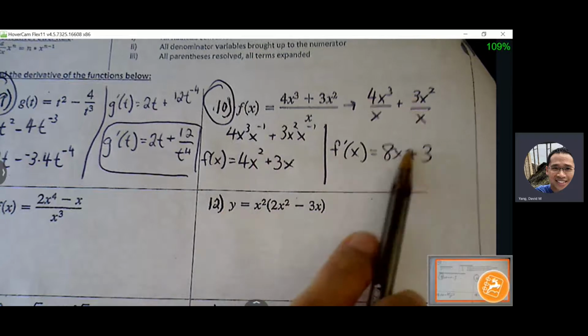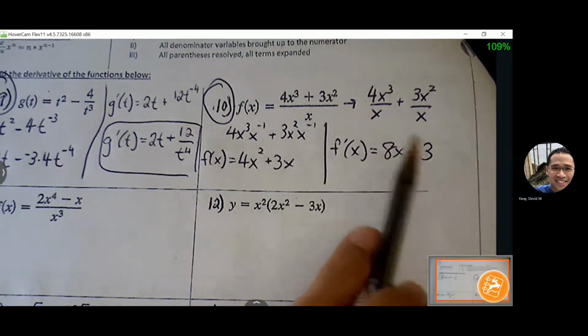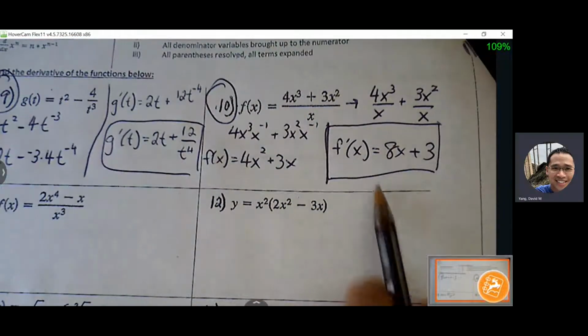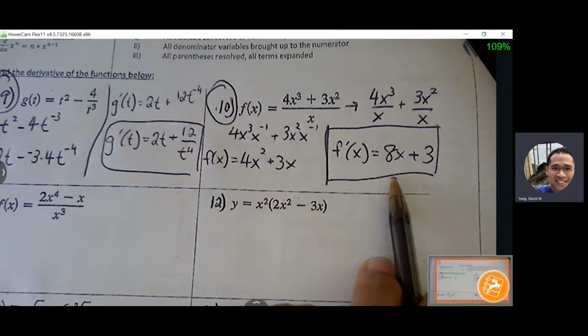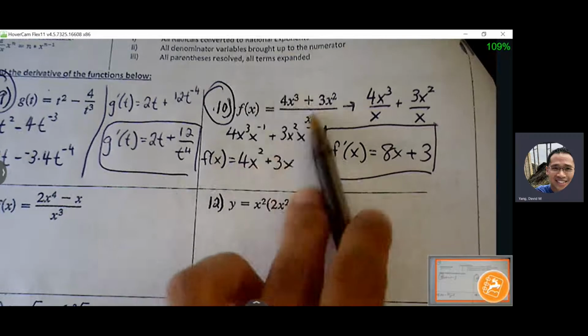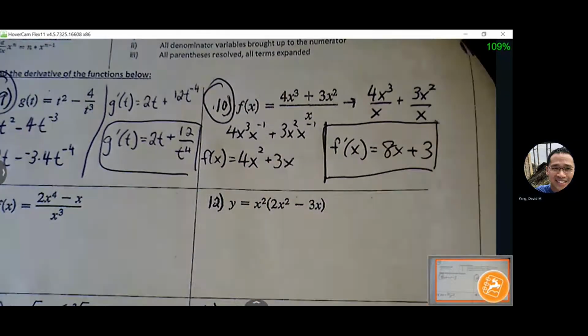So 2 turns into 1, 1 turns into nothing. And this derivative, the job of the derivative is to describe the slope behavior of this original graph. Whatever this original graph looks like, this is going to be able to describe it.